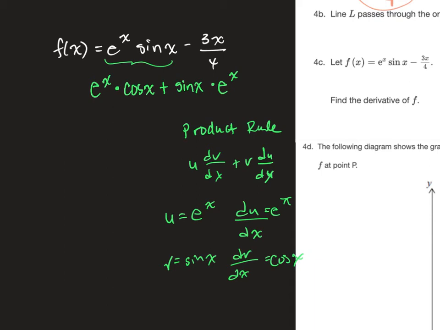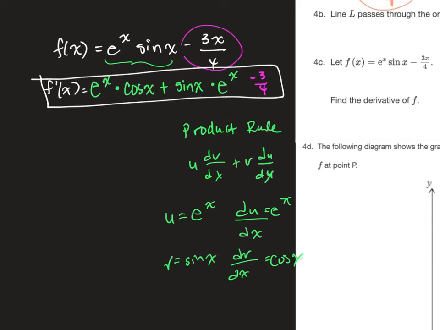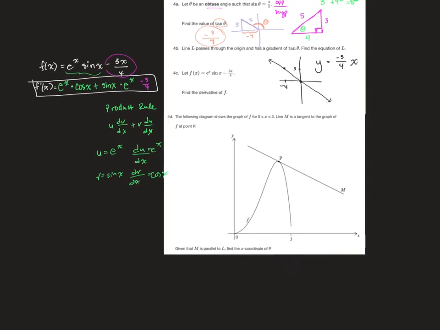And then the derivative of that bit is just going to be -3/4. So f prime is that whole thing. Cool. So we've got the derivative.